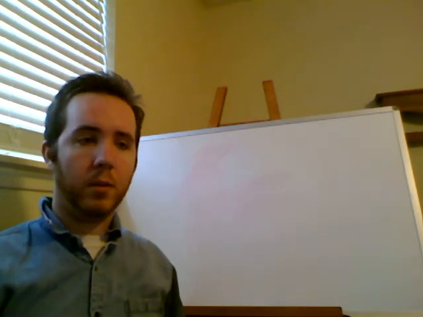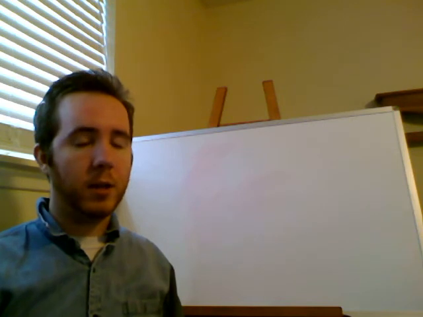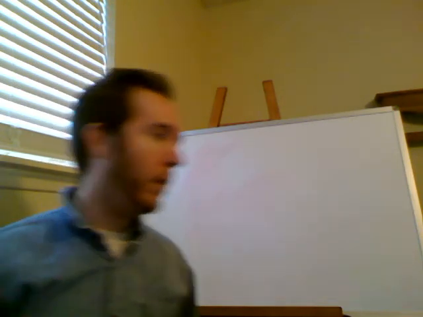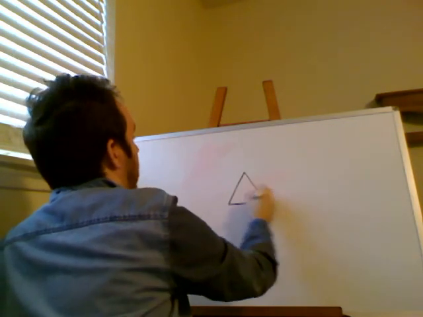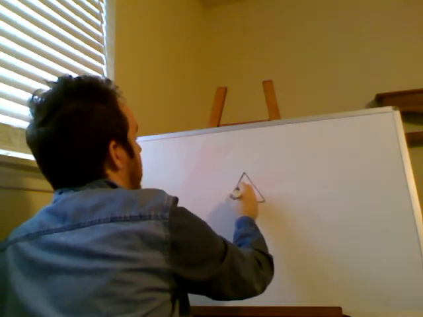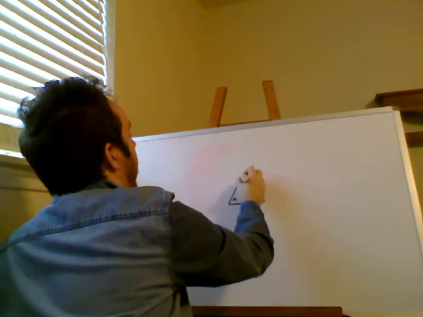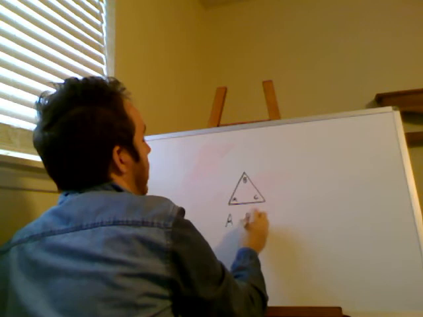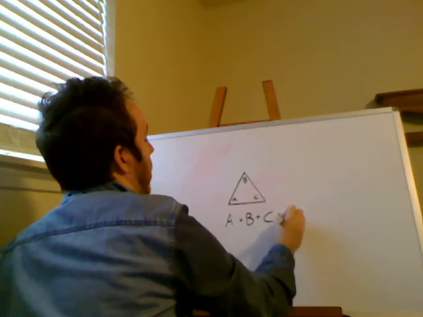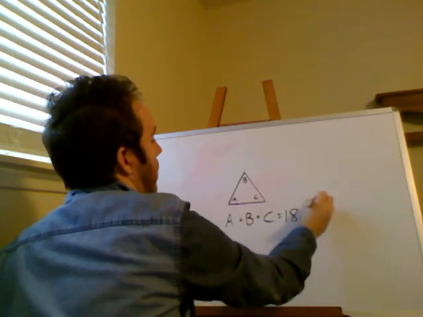Those all have angles that add up to 180 degrees. And let me write this formally. I have three angles. Call it angle A, angle B, and angle C. A plus B plus C will always equal 180 degrees.